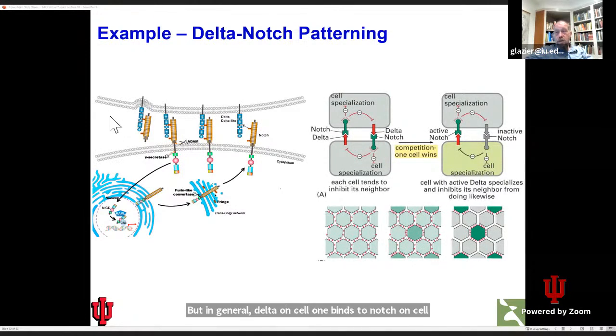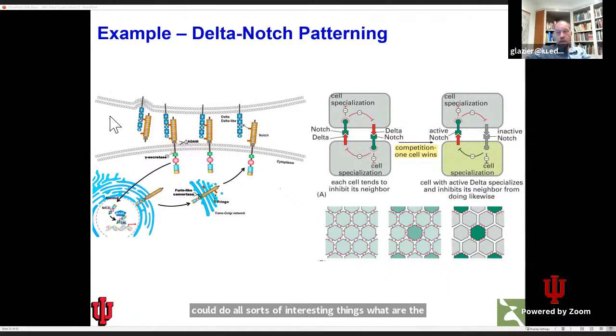When delta and notch bind, that sends a signal where the notch is cut by a variety of molecular species for that purpose, and the intracellular domain of the notch then goes into the cytoplasm and can do all sorts of interesting things.